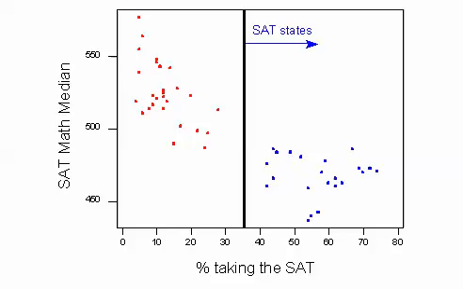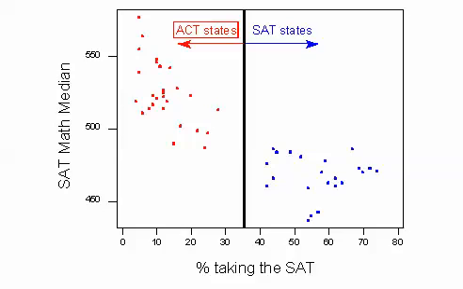The blue group on the right represents the states where the SAT is the test of choice for students and colleges, and the red group on the left represents the states where the ACT college entrance examination is commonly used.